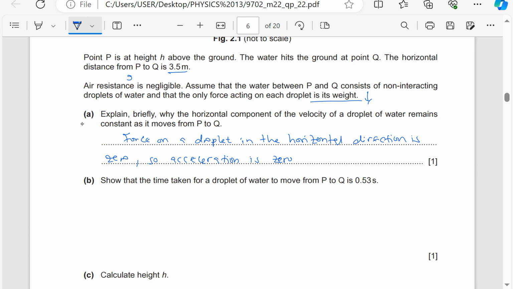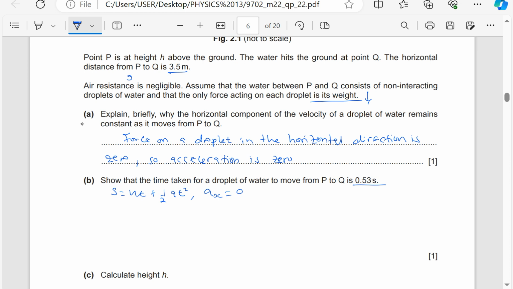So the time taken for the droplet to move from P to Q is 0.53 seconds. So I'll just use equations of motion since acceleration is constant. So s is equal to ut plus a half at squared. I'm considering horizontal motion. Acceleration in the horizontal is 0.